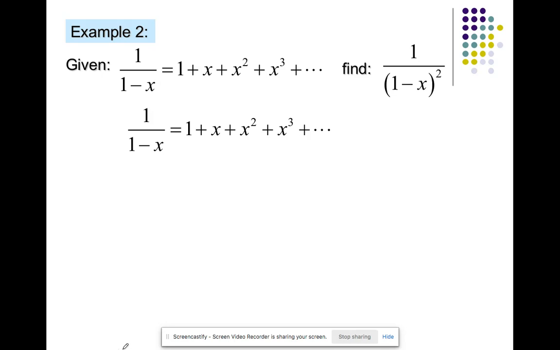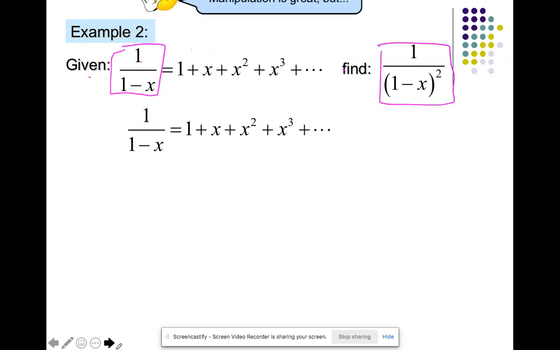What about this? Given this geometric series with its infinite polynomial, find the infinite polynomial representation for this one. So you might be tempted to say, oh snap, what I know and what I'm trying to find only differ by being squared.